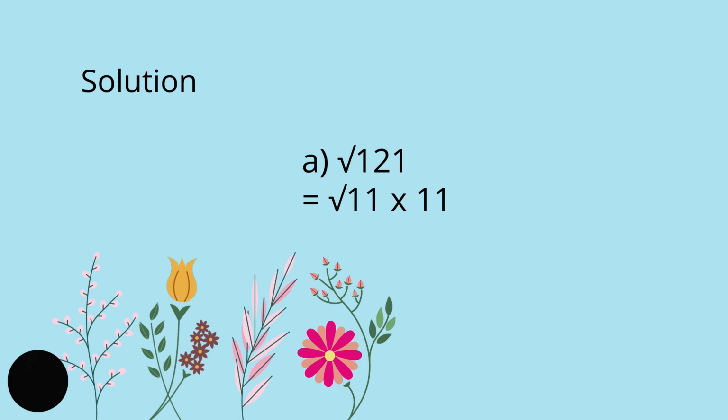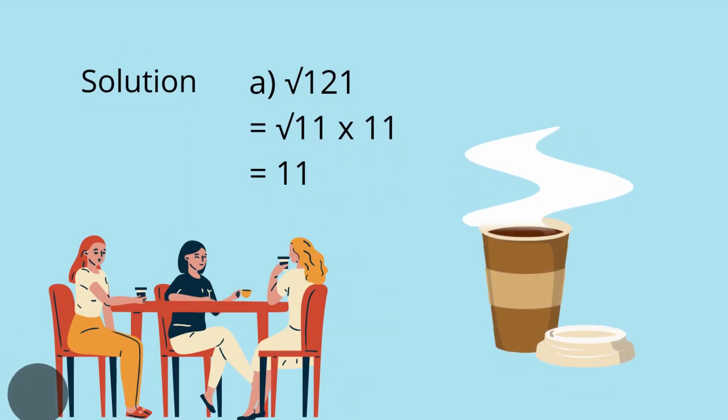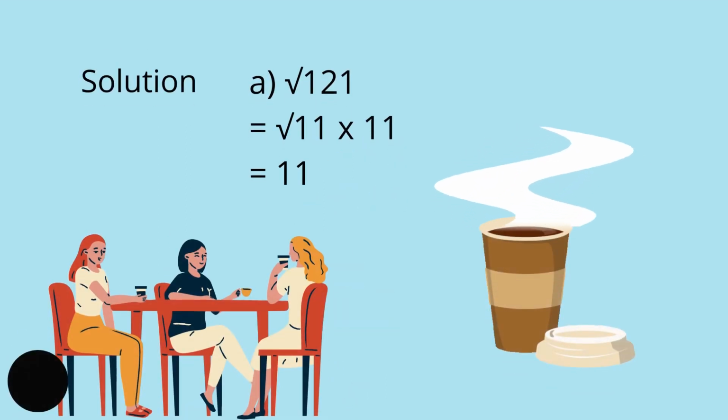You divide 121 and you'll get 11 and 11. Square root 11 multiplied by 11 equals 11, because 11 multiplied by itself gives 121. So the square root of 121 is 11.